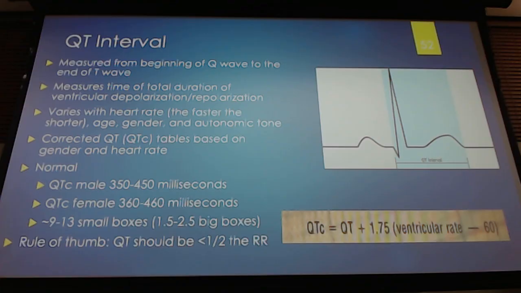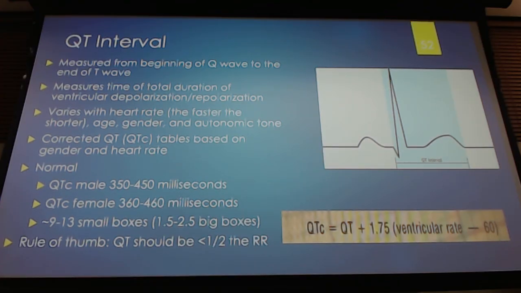So we've got a peak of one R, we've got a peak to the very next R. Measure that QT with your calipers, put it up in between those two R's. It should be less than half of the R to R interval. Does that make sense?